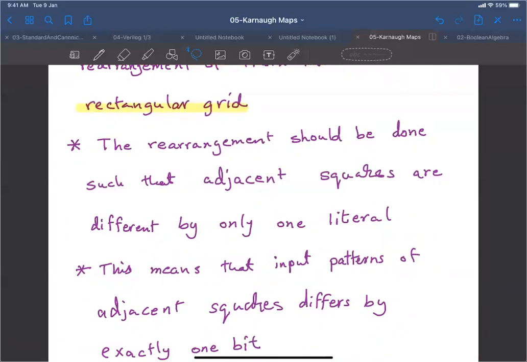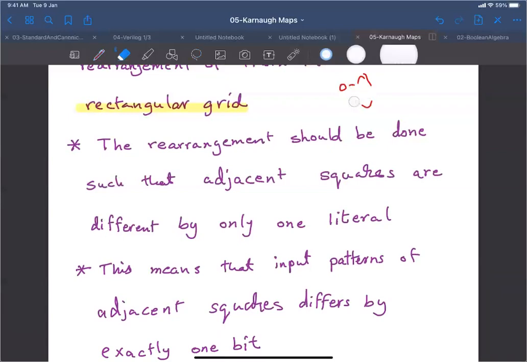So you will have, for example, in the truth table, if your input pattern is 0, 0, 1, it should be adjacent somehow to 0, 0, 0, because they differ by 1 bit, which is the least significant bit here.